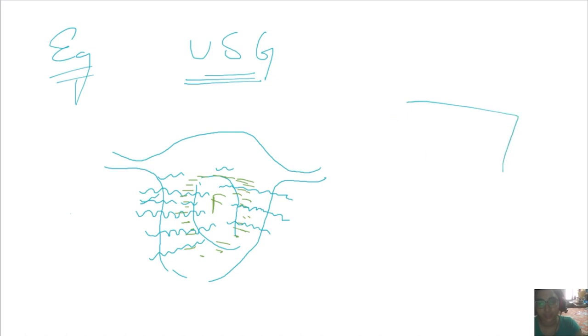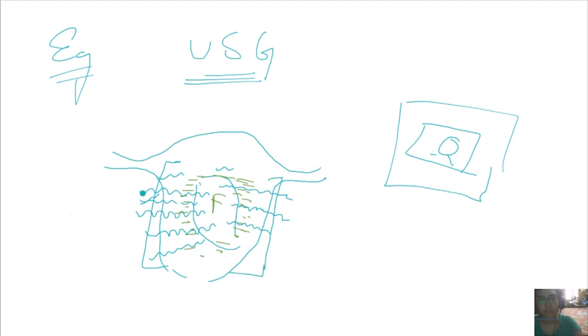A screen attached to the USG cable lets us see the whole thing happening inside, because the ultrasonic waves have been transmitted and reflected back, giving us a report on it. So that is another use of ultrasonic waves, in which we can locate the position of the fetus, and if by chance a problem is detected, then it can be fixed as well.